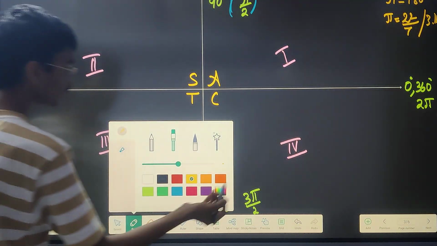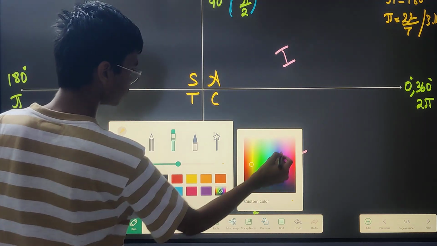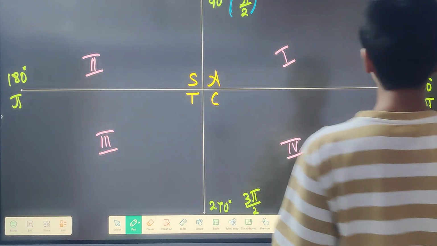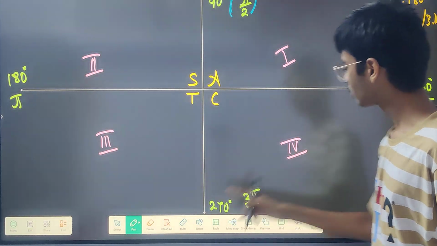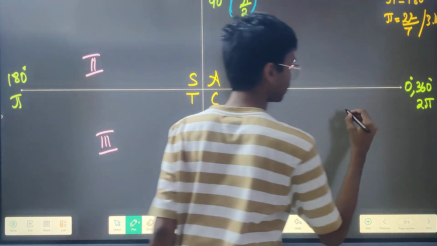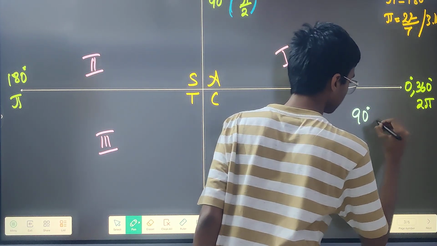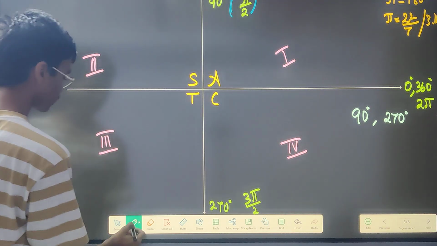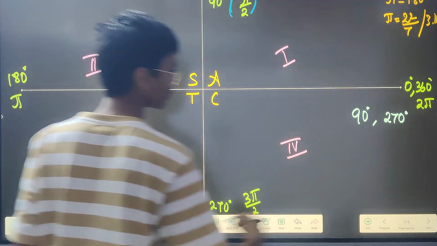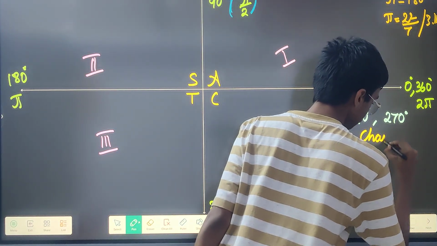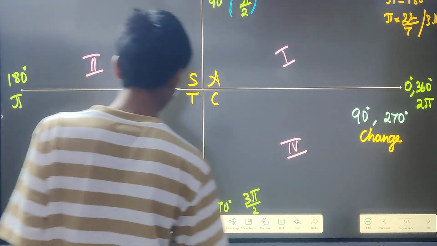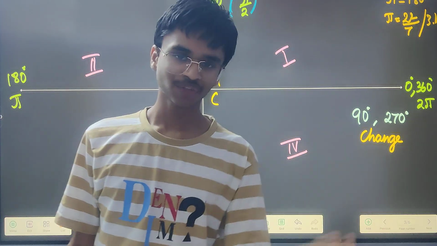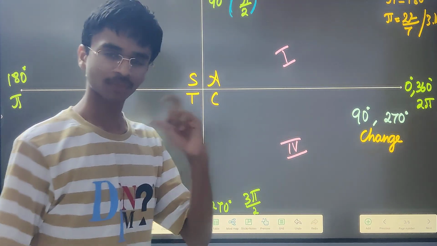Also one golden rule I'm going to give you, one very important rule: in the case of 90 degrees and 270 degrees, there will be a change. Everything might be a little confusing, but don't worry, we will be checking everything.